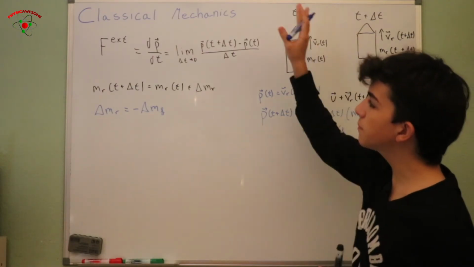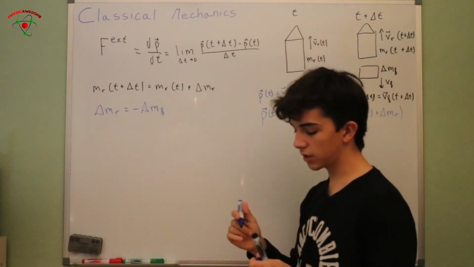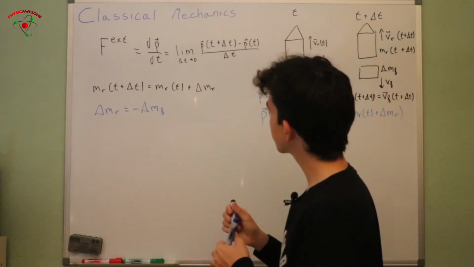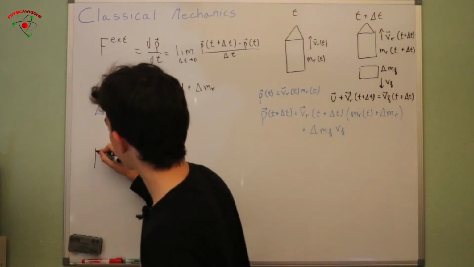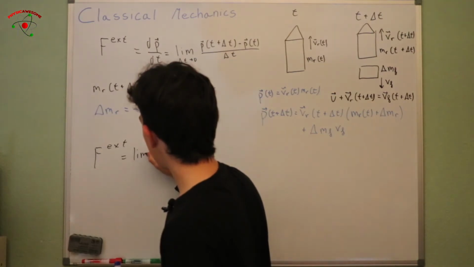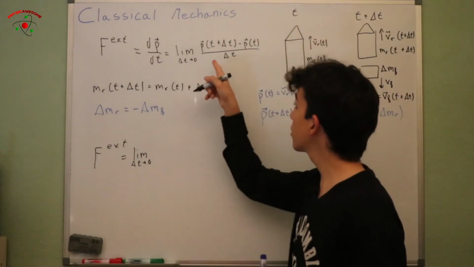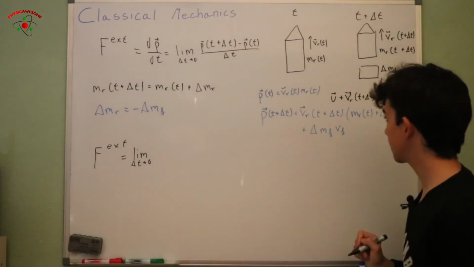Now let's input all of our information on the external force. Let's see, we have that our external force is going to be equal to the limit as delta t goes to 0, as we saw earlier, and we're going to have p of t plus delta t.